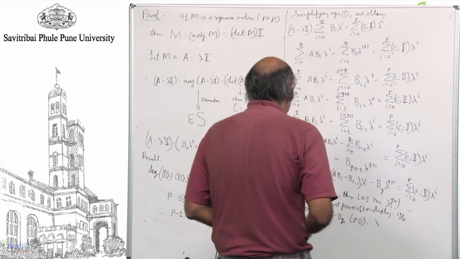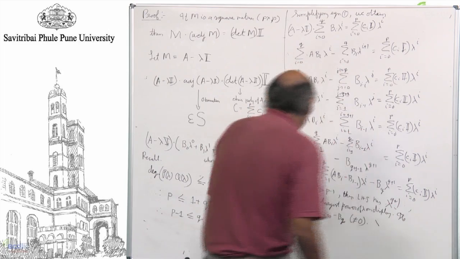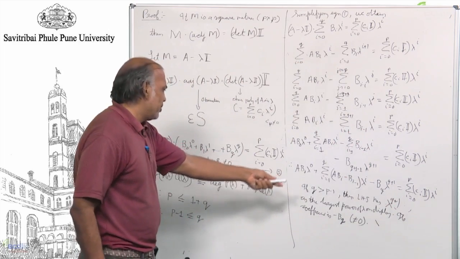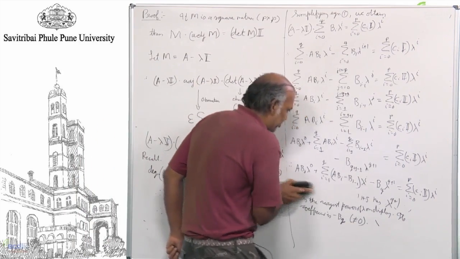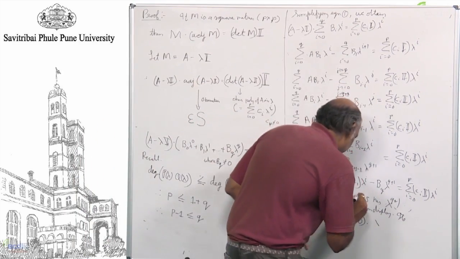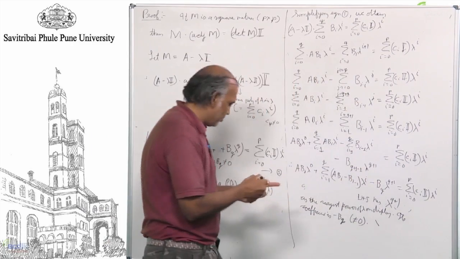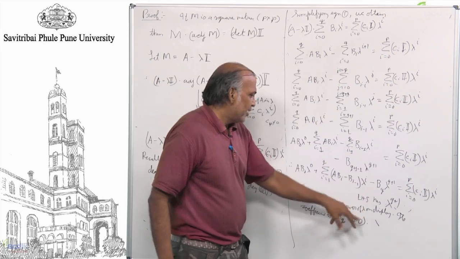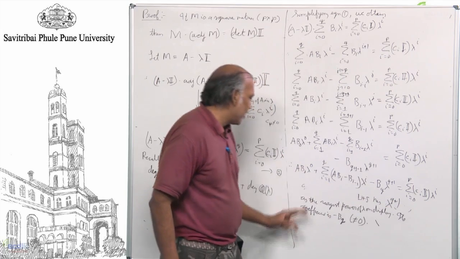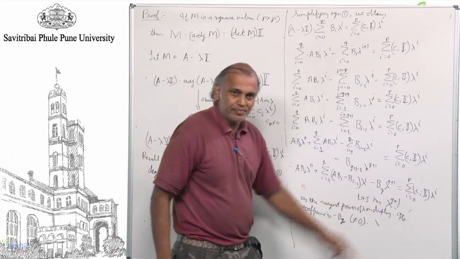I think I need not have this. Sorry, I need not have this q bigger than p minus 1 when I say this. Let me just erase this part. Sorry, let me begin again from this stage. The left hand side has lambda to the power q plus 1 as the largest power of lambda on display.